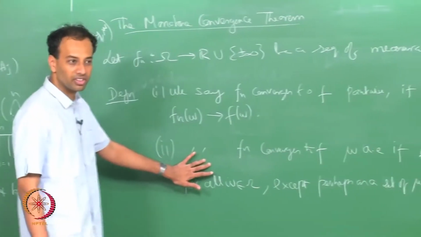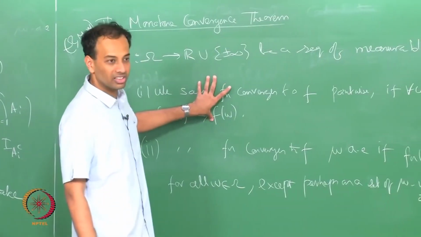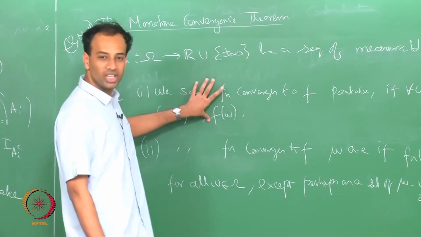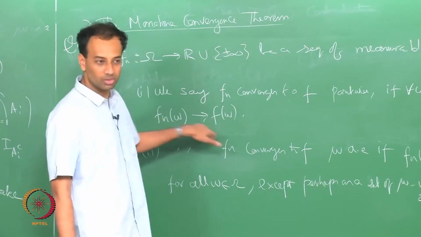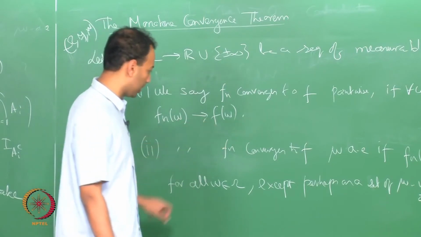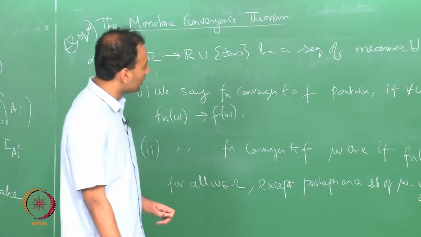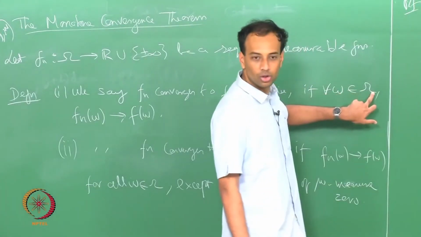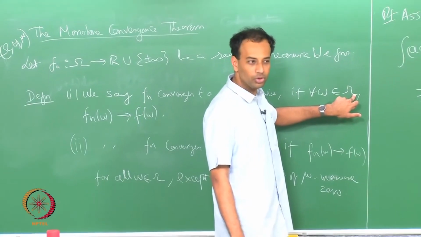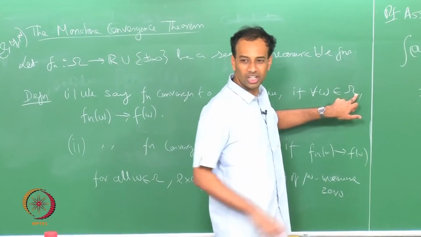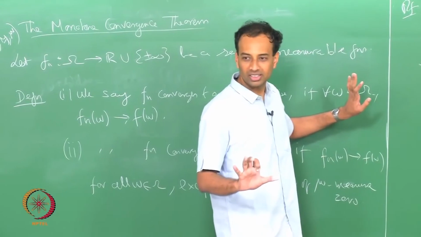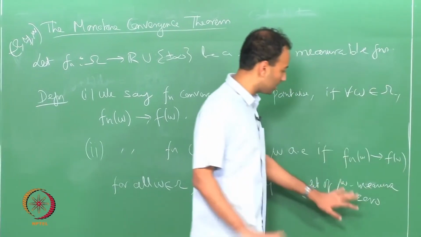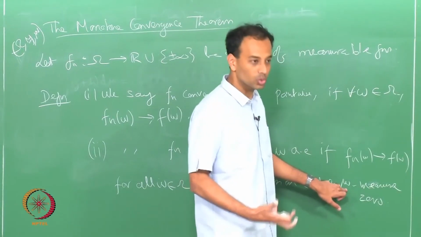Okay, this is also a definition. So, this is a slightly weaker definition than this. This is saying that for every omega in omega you need this convergence of f n of omega to f of omega. Here you relax it, saying maybe it is not always true, so it is not true that for every omega it holds. There may be a few omegas, or a countable set of omegas, or some mu measure 0 set of omegas, some small set, some zero measure set where the measure is mu.